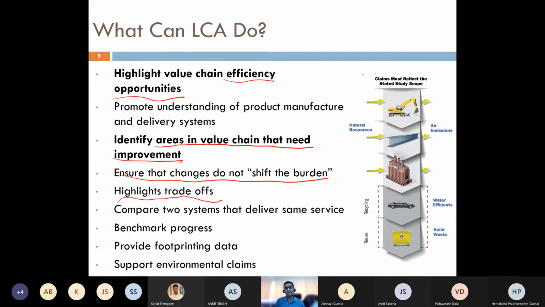Which bioenergy supply chain could be better in terms of CO2 emissions? Again, the same point, compared to systems which deliver the same service. It can help you benchmark the progress. Now, there is a certain standard in the US which says if you're talking about advanced biofuels, it means a 60% reduction as compared to conventional fuels.